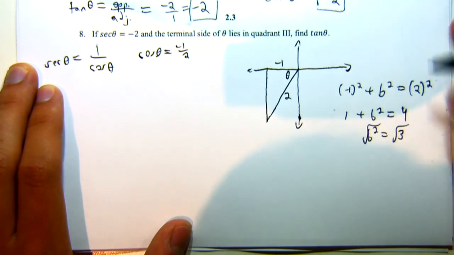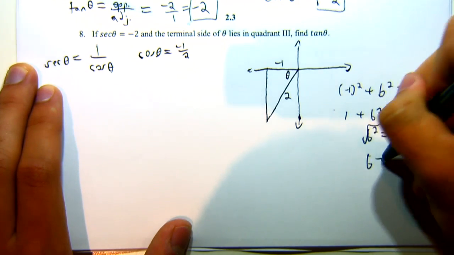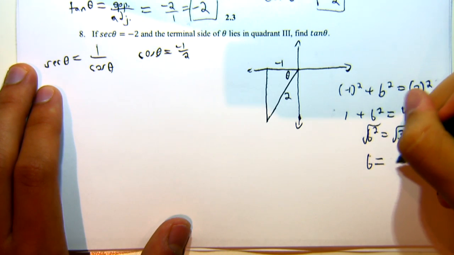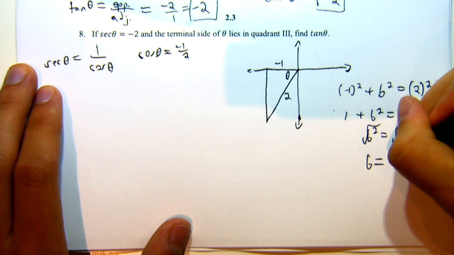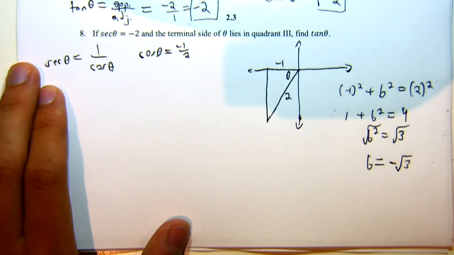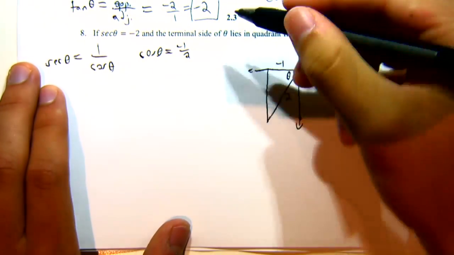Take a square root. And then b, we know, is going to be equal to a negative square root of 3. The reason for that is because we know that it's in the third quadrant, so it's going down.